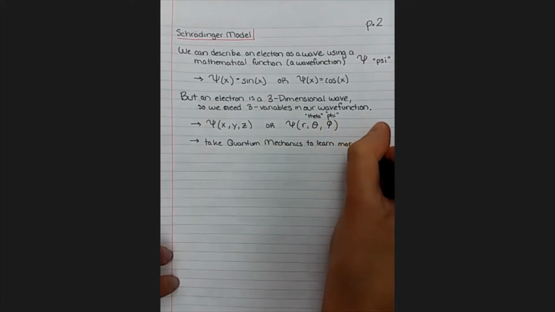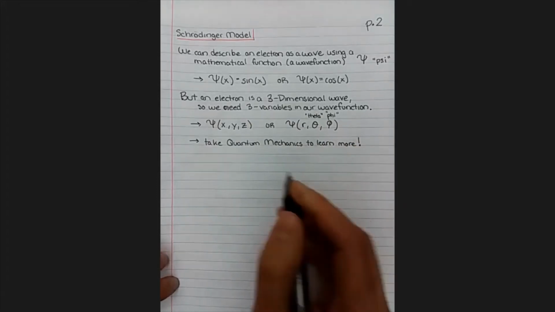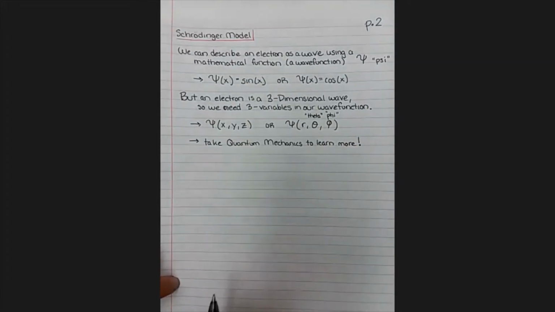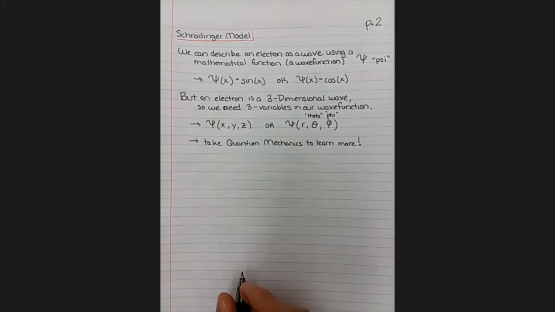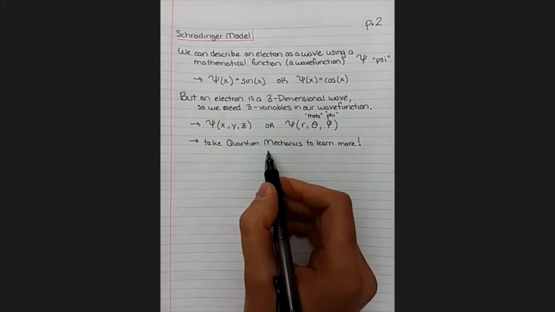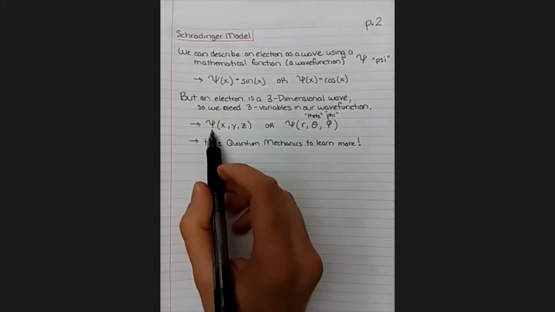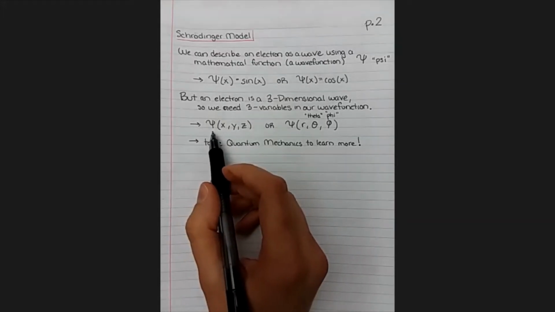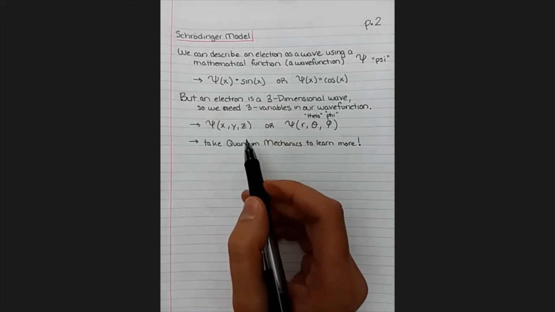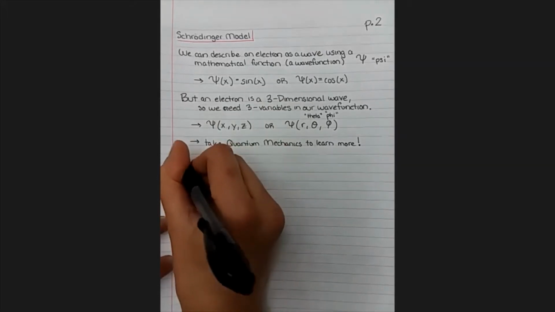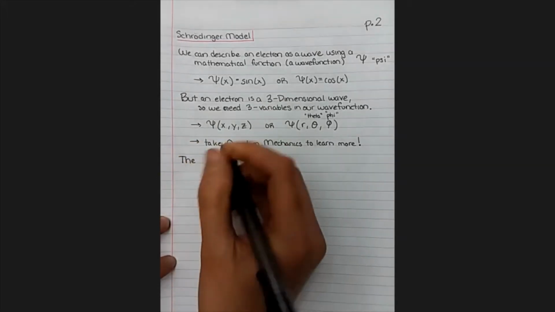For now, just be content with the fact that there is an equation to describe every type of electron in an atom. And so what you will learn if you take quantum mechanics is that these wave functions psi will give us information about an electron's position and about an electron's energy. And that's the only part that we're going to care about in general chemistry.